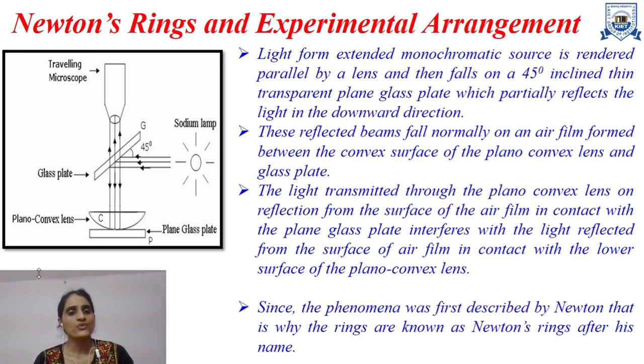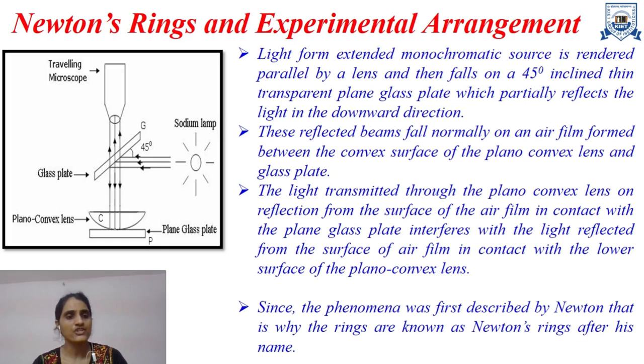So an extended source is used, that is a sodium lamp, and light from the sodium lamp is rendered parallel on a thin transparent glass plate which is placed at an angle of 45 degrees to the incident beam. As soon as the light falls on the glass plate, it is partially reflected in the downward direction, shown by this arrow.